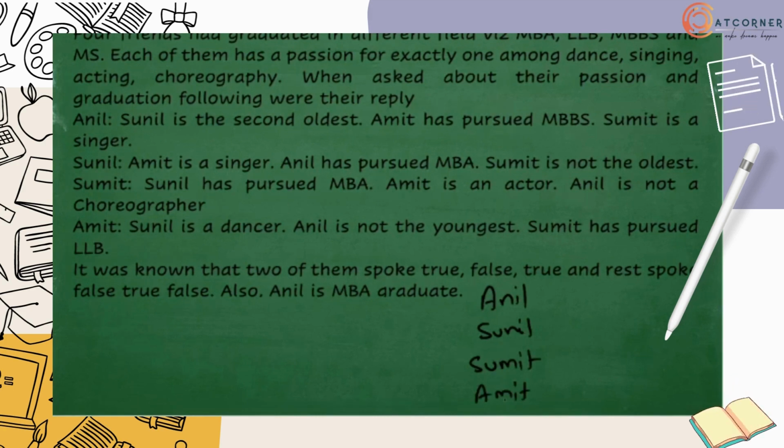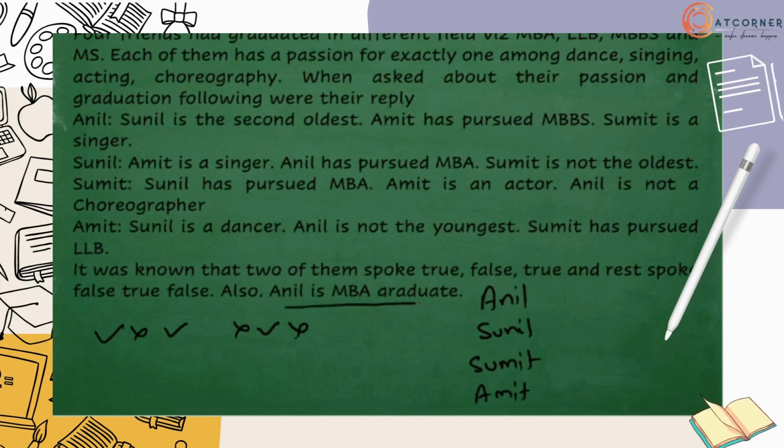Now, the second thing we'll check is the categories, the number of categories. Last, it says it was known that two of them speak true, false, and true, and the rest false, true, false. That means each of them is an alternator, but there are two types of alternators. Two will be speaking true, false, true, and the other two will be speaking false, true, false.